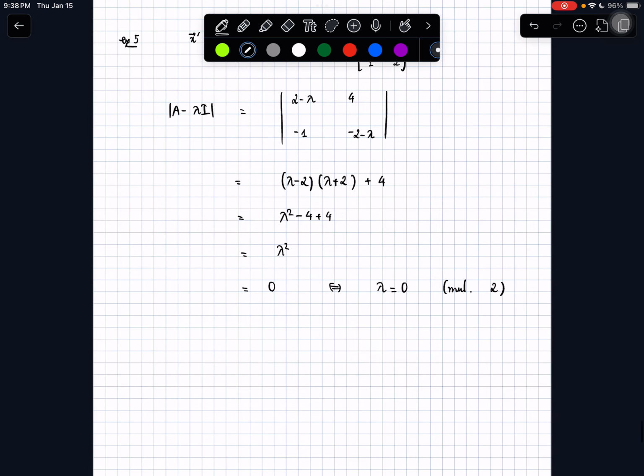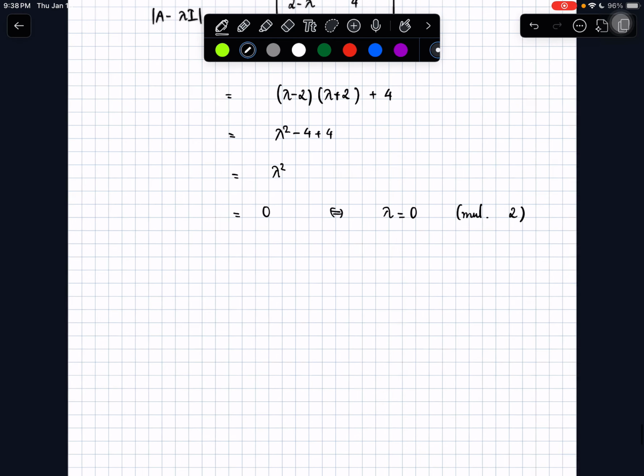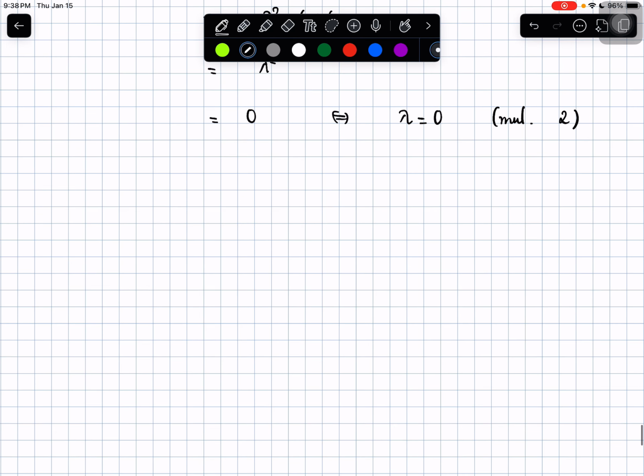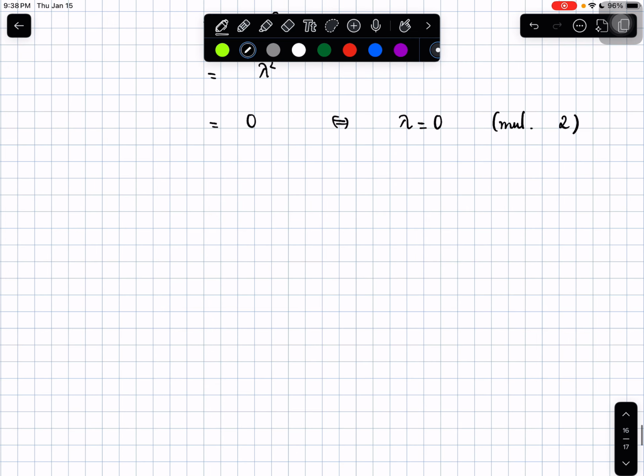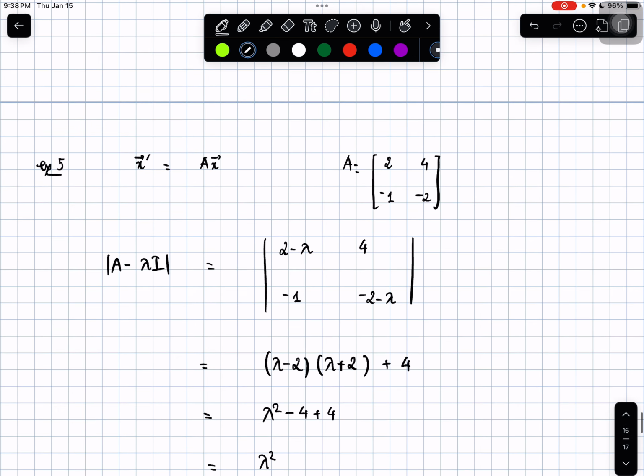So we have the repeated eigenvalue 0. For this eigenvalue 0, we compute the eigenvectors. The eigenvectors satisfy A minus lambda I times v equals 0. In our case, lambda is 0, so just A v equals 0. A is this matrix.